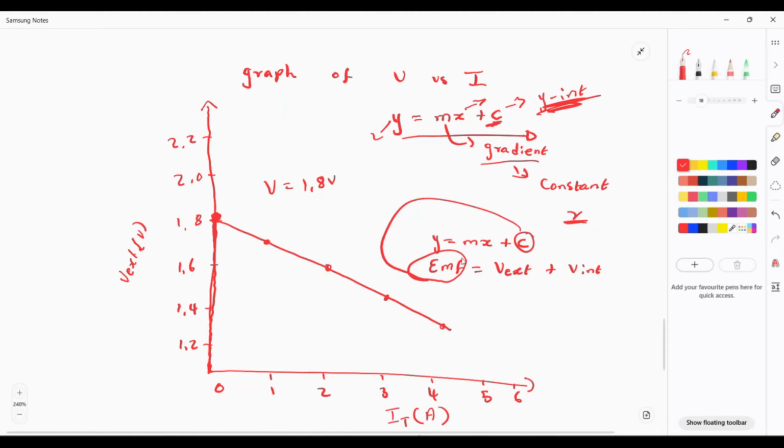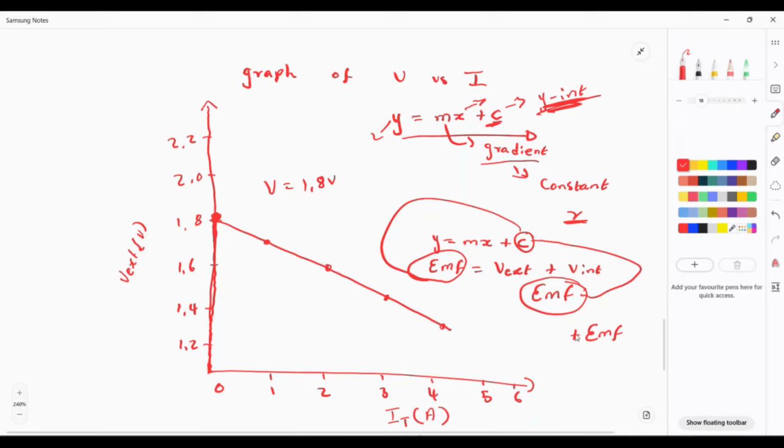Again, which means I'm going to transpose. I want to rearrange this equation in a good way. I'm going to write my EMF over here. EMF is my C in this case. So let me write it here: EMF plus.